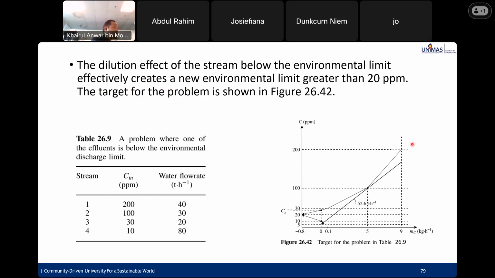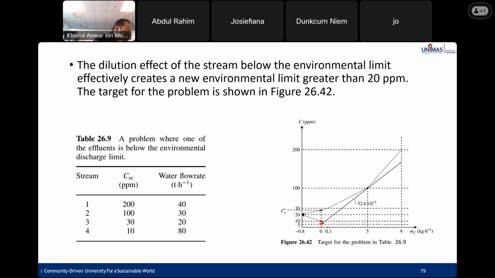For this figure, the composite curve is constructed based on table 26.9 with the water supply line pinched at 52.6 ton per hour, which is the minimum flow rate.